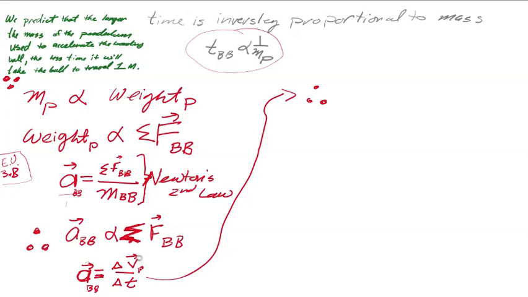It's important to subscript things so we know what we're talking about. So the acceleration of the bowling ball, well, let's look and see how that relates to time. It looks like they are inversely proportional.